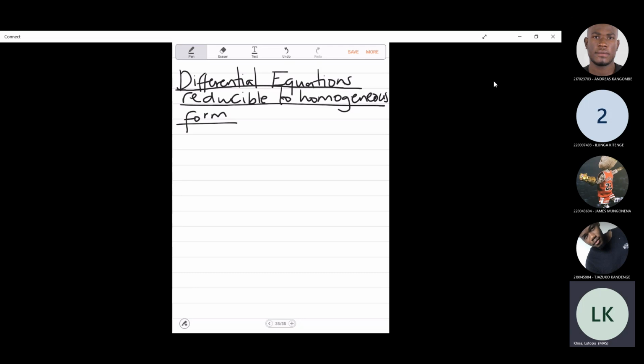Okay, so what will happen is you will have a first order differential equation of this form. So you have (a1x + b1y + c1) dy plus (a2x + b2y + c2) dx, this is equal to 0.